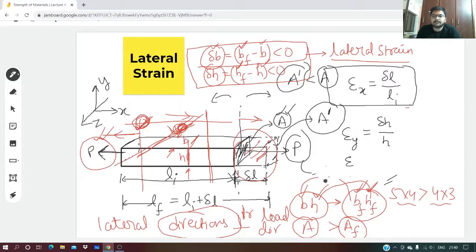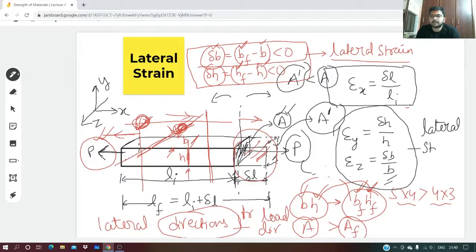Similarly, normal strain in the z direction, that is horizontal but perpendicular to the x axis, the breadth direction, is delta b by b. So these both are lateral strains. Now you might have understood what lateral strains are.